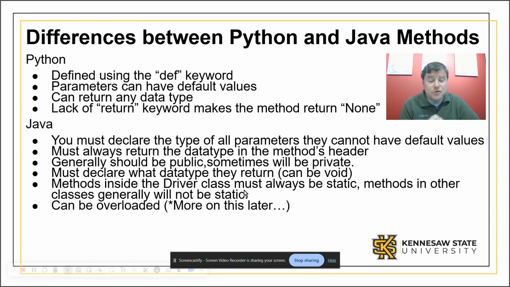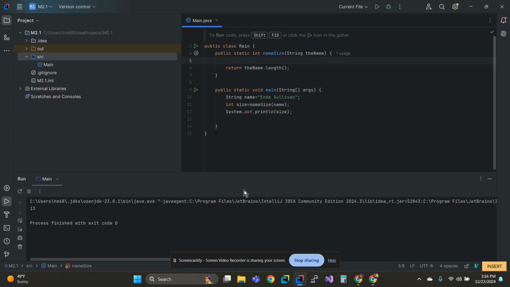Methods inside of the driver class, i.e. the class that you are building, your first class effectively. Let's take a look at this. So this is my Java code, and you'll notice that I'm building all of these methods and lines of code inside of a class called main. So that is my driver class. Driver is just a fancy word for the main class, the class that has main in it.